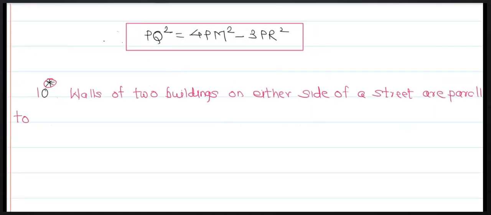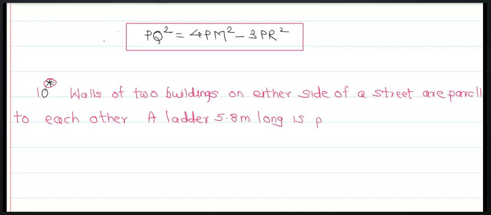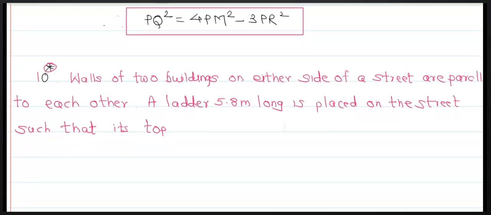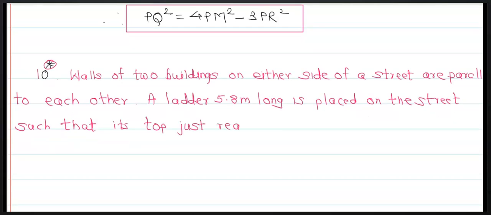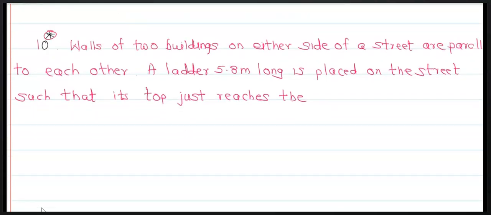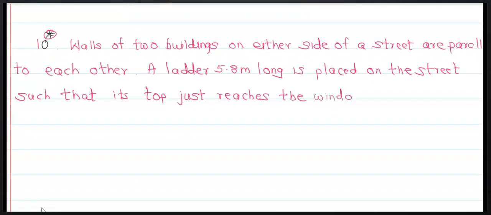This is again the start question. A ladder of 5.8 meter long is placed on the street such that its top just reaches the window of a building at the height of 4 meter.